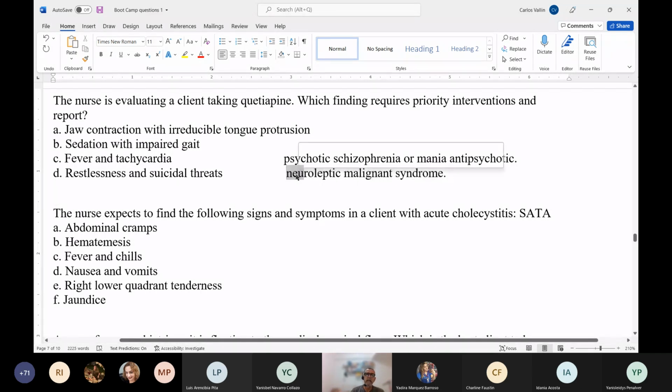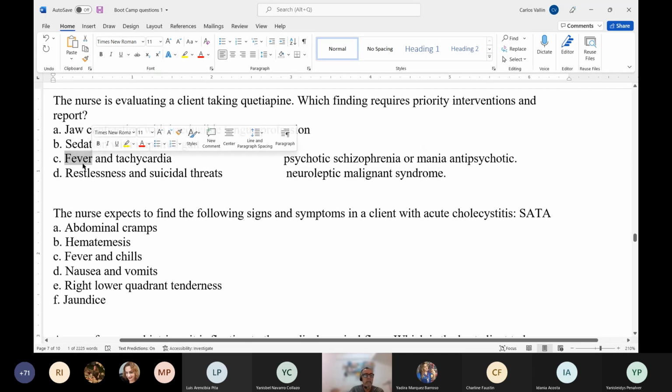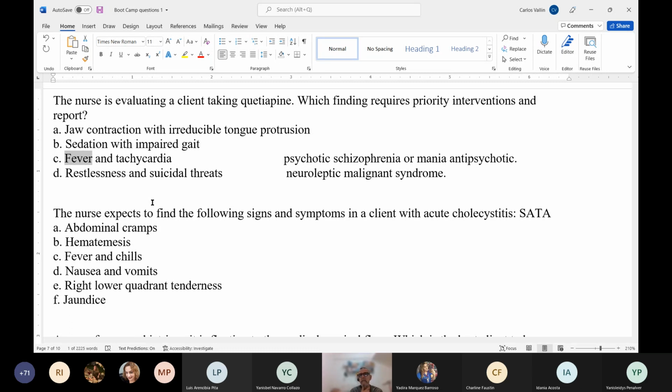It's one of those syndromes that can involve rhabdomyolysis and seizures. And it is characterized by fever. So each time you have a client taking antipsychotic medication who has fever, rigidity, hypertension, tachycardia, think of neuroleptic malignant syndrome. Probably the most important is fever. It's a patient that does not have an infection.